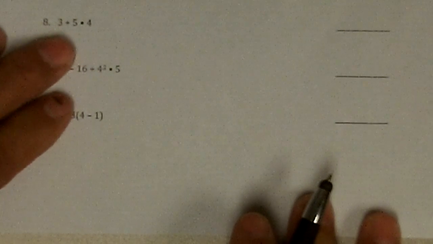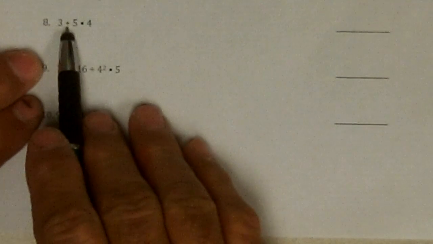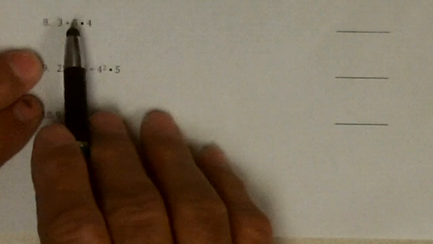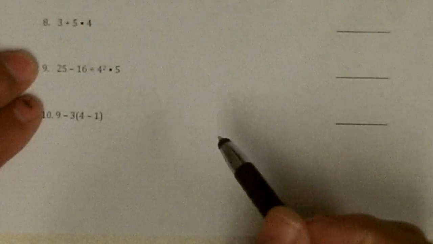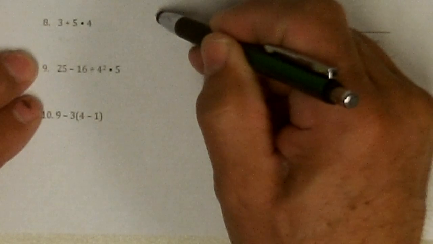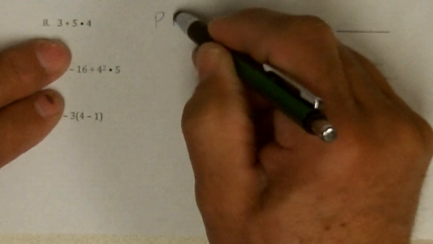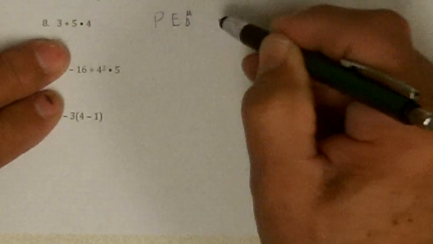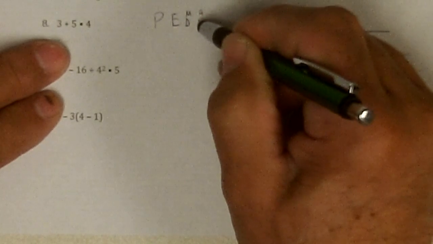Now we get into the order of operations, and it says here 3 plus 5 times 4. It's tempting to do 3 plus 5 first, but the order of operations says you do parentheses, and then you do exponents, and then you do multiplication and division at the same time, and then addition and subtraction at the same time, left to right.